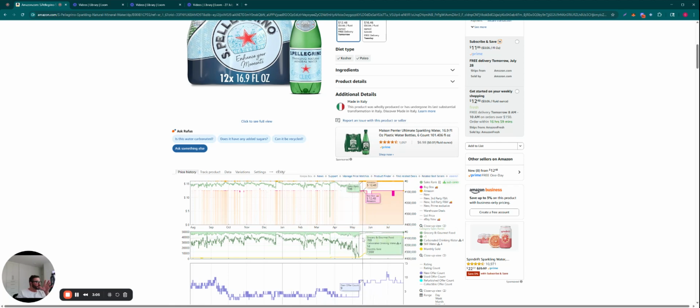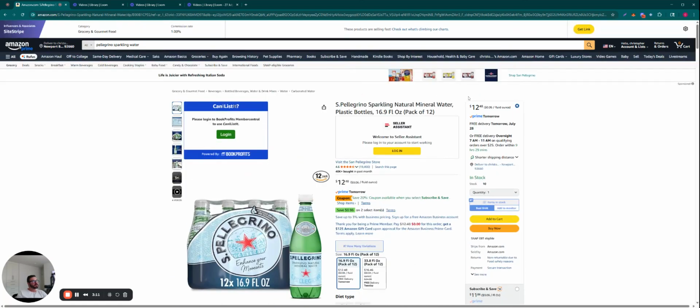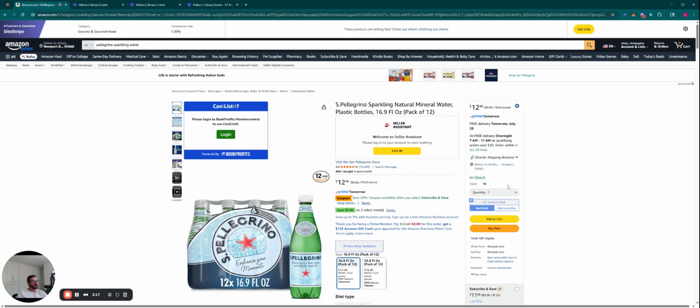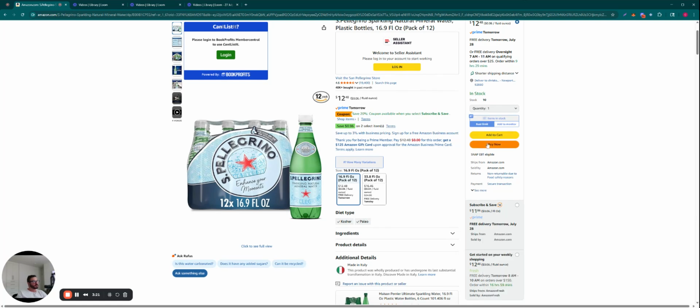The second thing we want to look at is something called the buy box. You might hear this a lot, but it simply means this box on the screen where Amazon is promoting a seller specifically for this item. Here it says ships from Amazon.com, sold by Amazon.com.